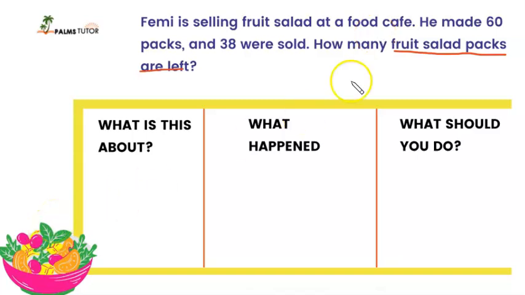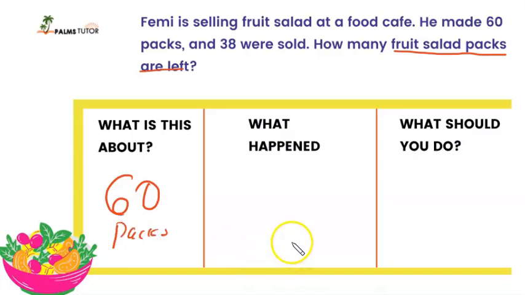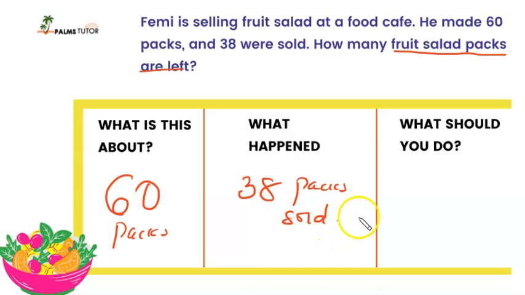Now, he made 60 packs. That's our starting point, right? Then what happened? And 38 were sold. What happened? We have 38 packs sold. Right? When you sell something, do you still have that thing?